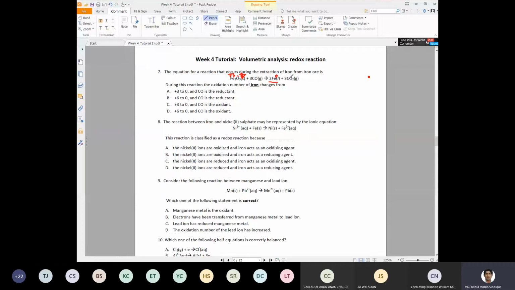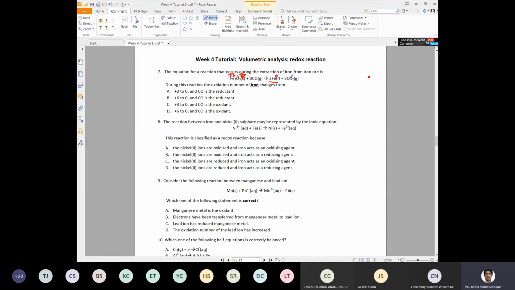So from +3, this iron becomes 0. And that is why we say it becomes reduced, because it's the reduction reaction. Due to this gaining of electrons, iron becomes reduced.